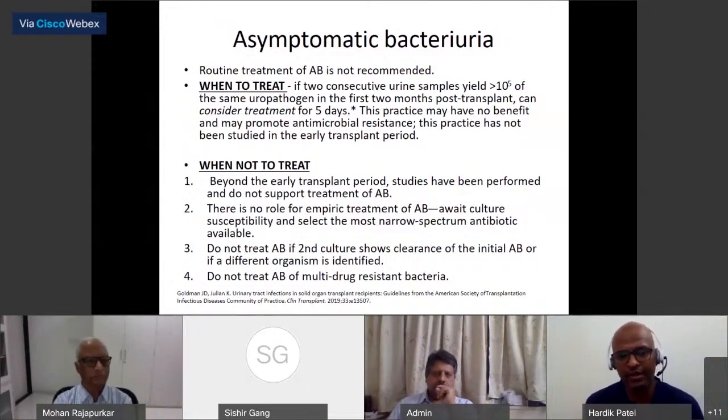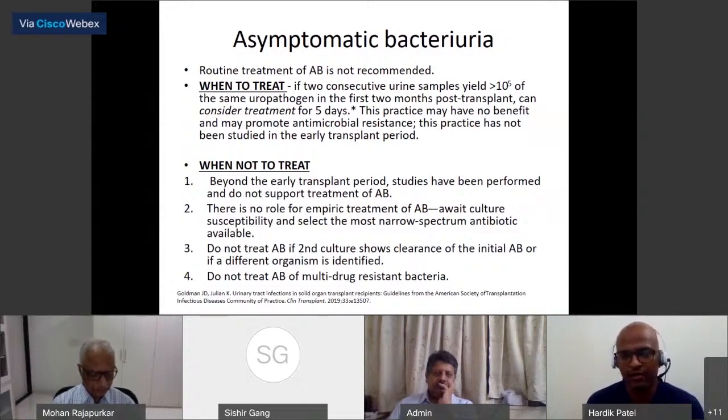When not to treat: any asymptomatic bacteriuria beyond the early transplant period should not be treated. There should not be any empirical antibiotic for asymptomatic bacteriuria. You should wait for the culture reports and choose a narrow spectrum antibiotic. Do not treat if the second culture shows clearance of the initial bacteriuria.